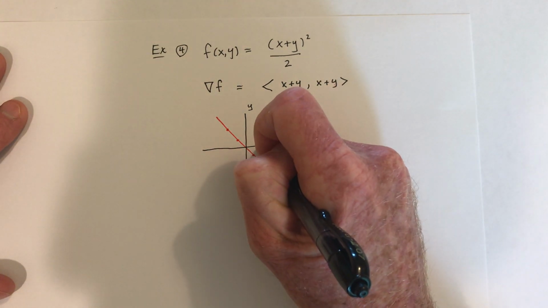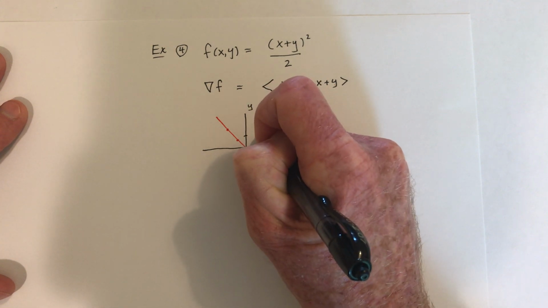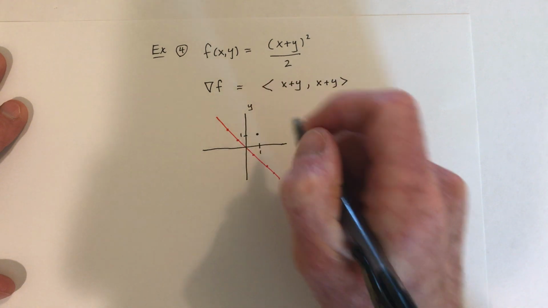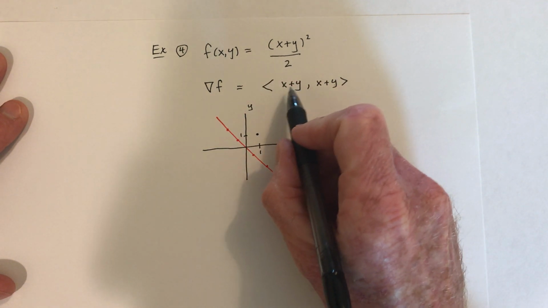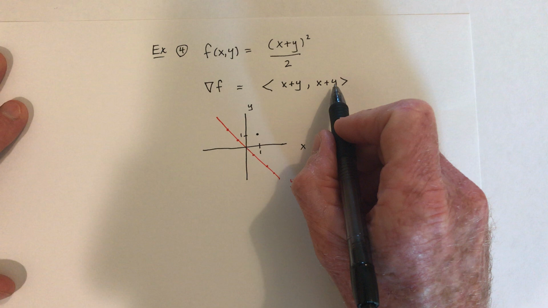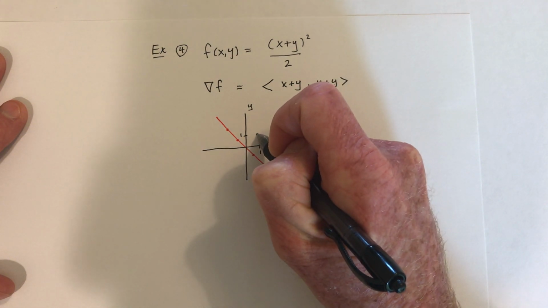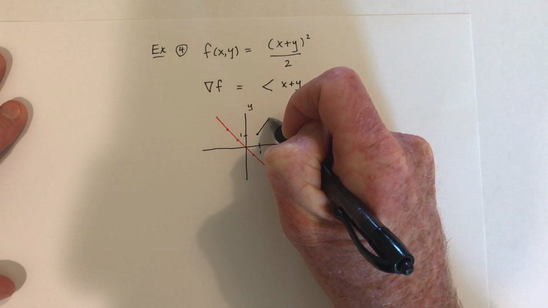Then what if you were at one point like 1, comma 1? So this is 1 and 1. So 1 and 1 means the vector would be 2, 2. So 2, 2 goes in the same direction as 1, 1, but it would be a little bit longer.